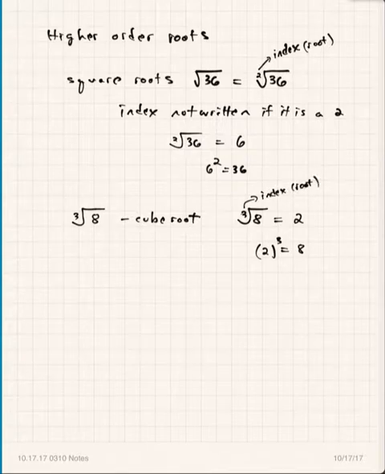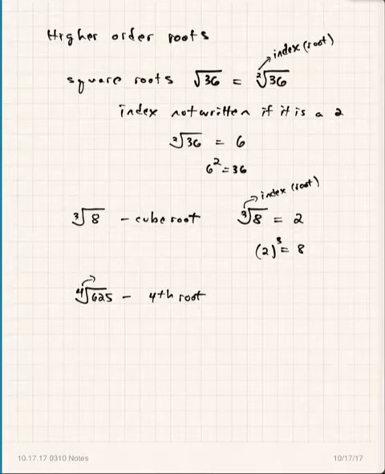If you have the 4th root, let's say we have the 4th root of 625. Generally speaking, I'm not going to be talking about numbers that big on the test, certainly. This would be called a 4th root, and in this case the index is 4.